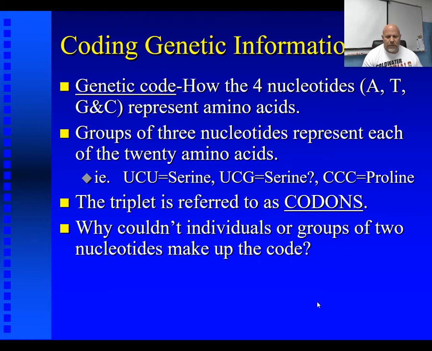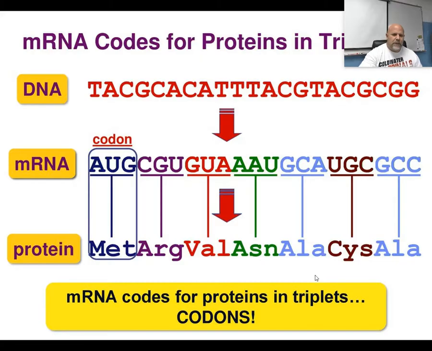And so when you look at the actual code, which we'll look at in a minute, there's a lot of different codons that code for the same amino acids. So basically what goes on is we have our DNA molecule, which codes for a messenger RNA molecule.